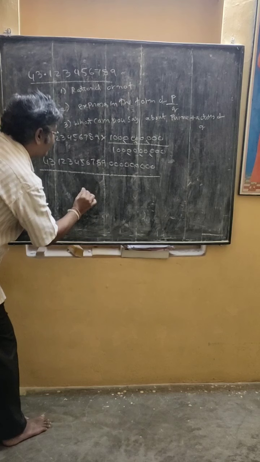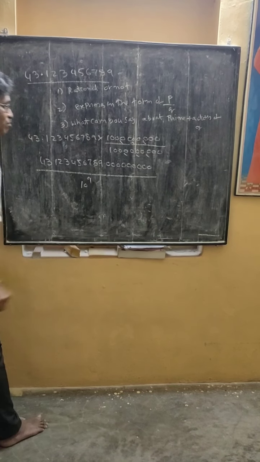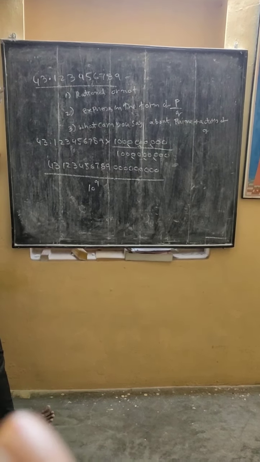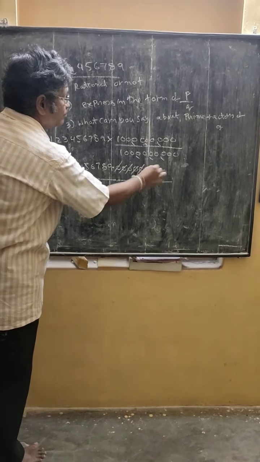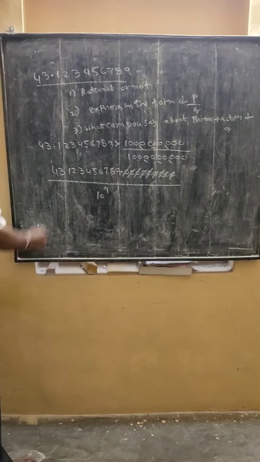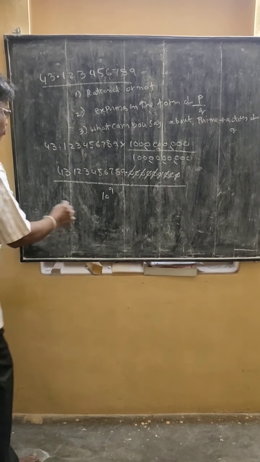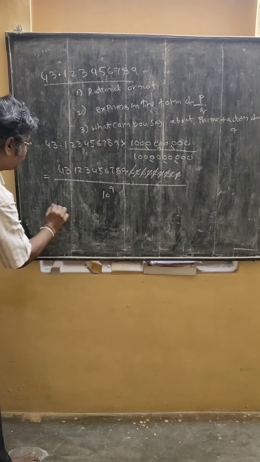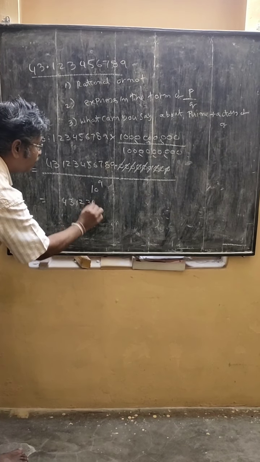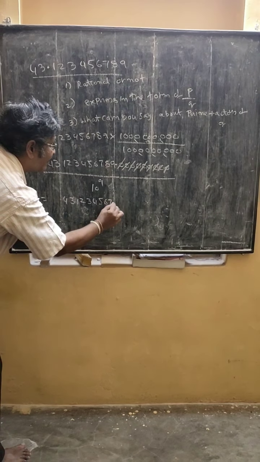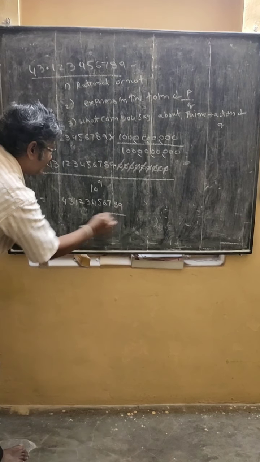Here 9 zeros are there, so I am writing this as 10 power 9. After 9 decimals, you should put the point. Okay. The decimal is shifted, you know that one. So now 43123456789 over 10 power 9.